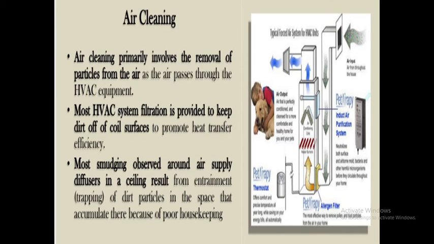Next control measure, air cleaning. Air cleaning primarily involves the removal of particles from the air as the air passes through the heating, ventilation and air conditioning equipment, that is, HVAC equipment. Most HVAC system filtration is provided to keep dirt off of coil surfaces to promote heat transfer efficiency.